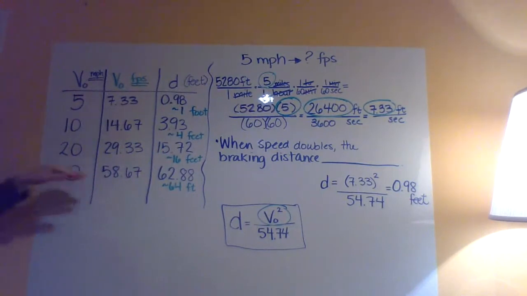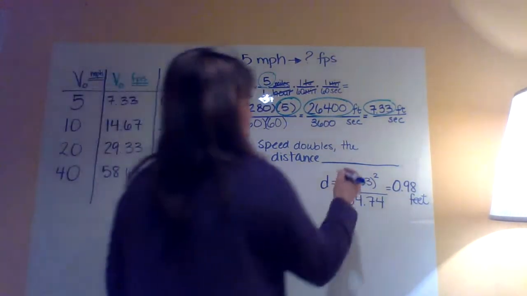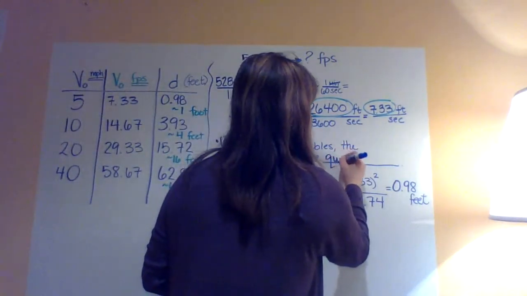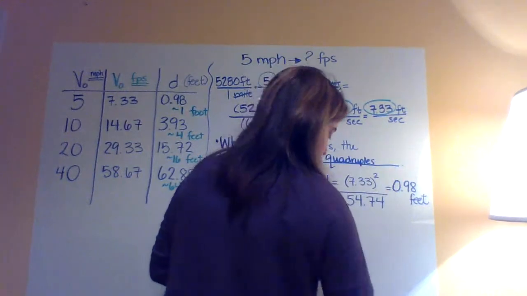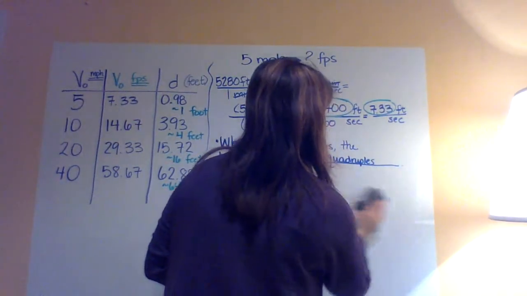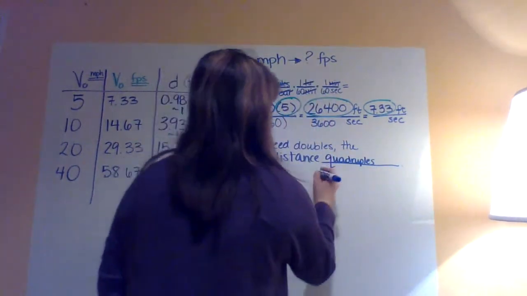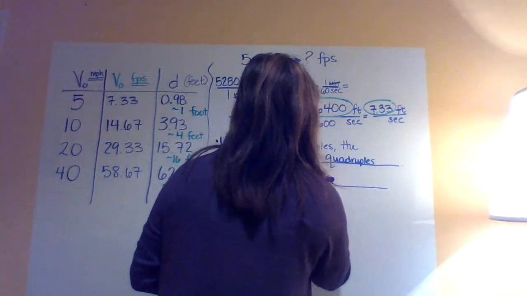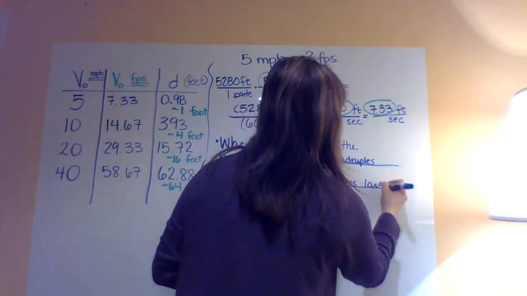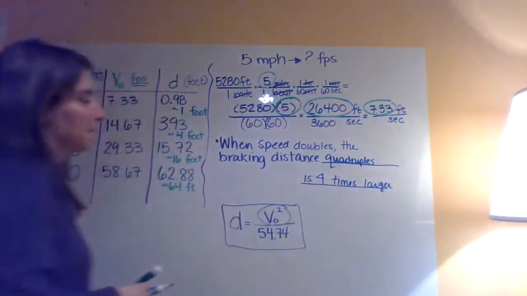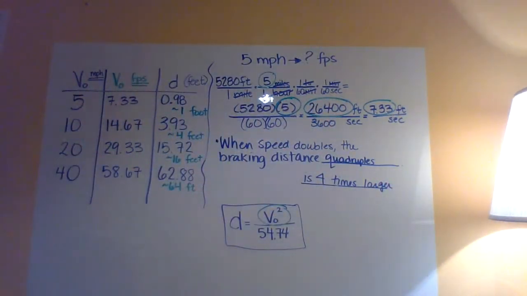Or 20 to 40 doubles. How many times bigger is that? Hopefully you see, you could either say it quadruples, right? Quadruple means times 4. Or you could say the braking distance is 4 times larger. Not 4 feet larger, right? But 4 times larger. Either way. So my speed doubled, my braking distance got 4 times as big.